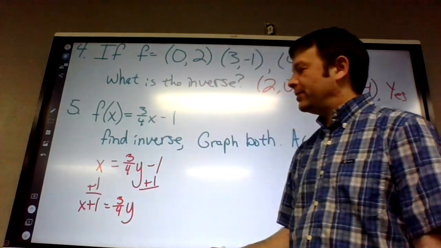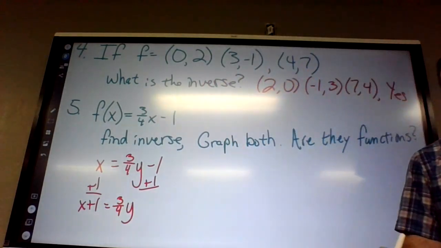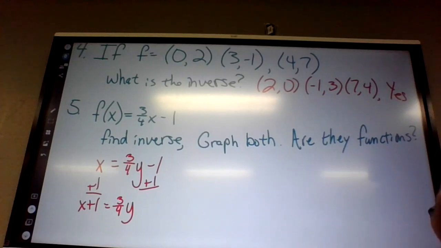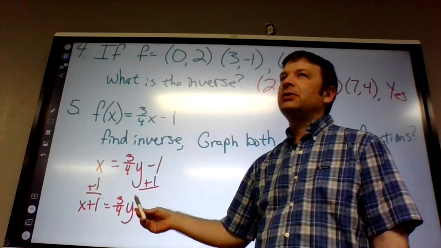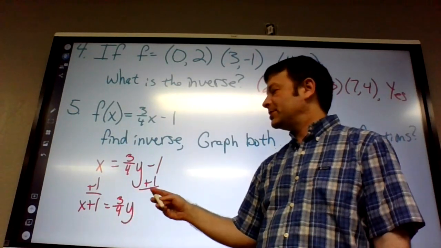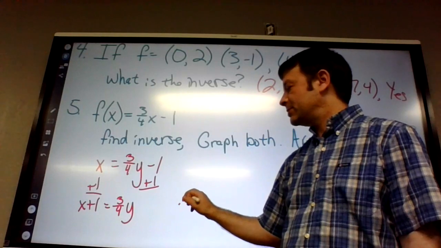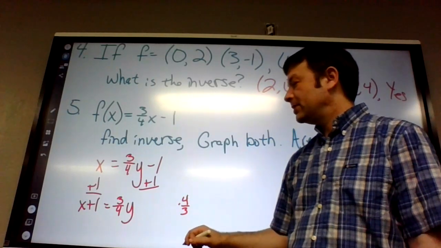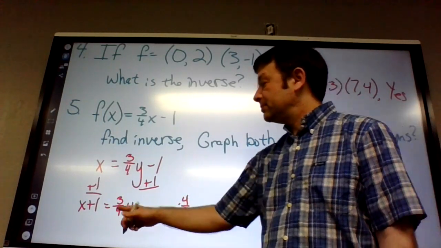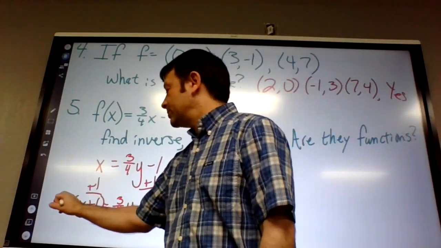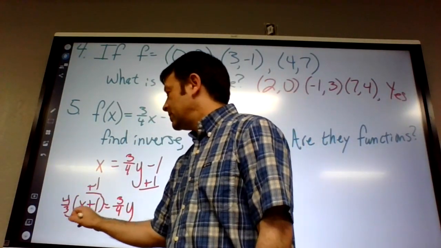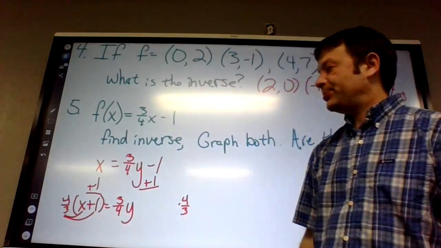This is kind of where things went wrong, I think. How do I get rid of the 3/4? You divide by 3/4, which is like multiplying by 4/3. So if I multiply by 4/3, I just get 4/3 x plus 4/3.